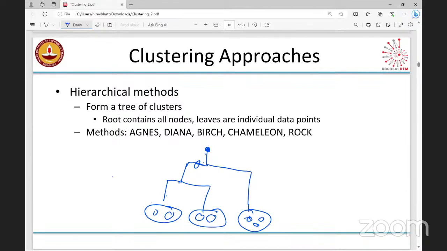And here we have 1, 2, and 3 clusters. Each of these clusters are called leaves. This is called the root. The leaves, in a simple form, hold individual data points or sometimes clusters of data points.